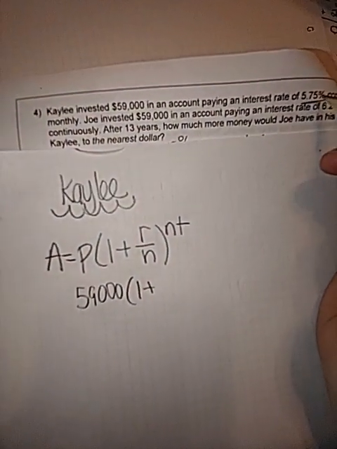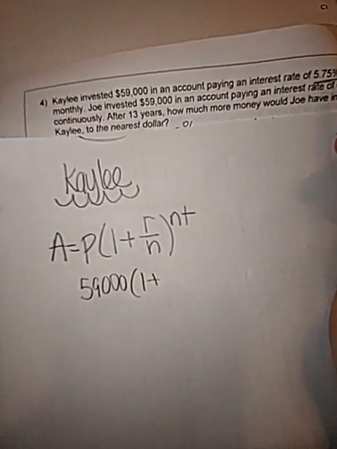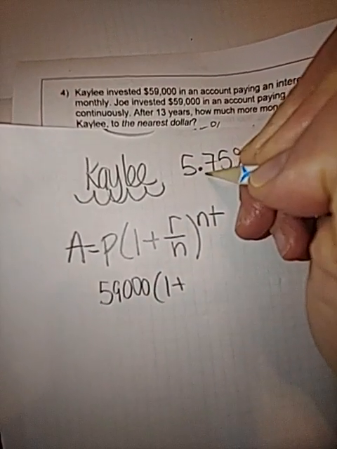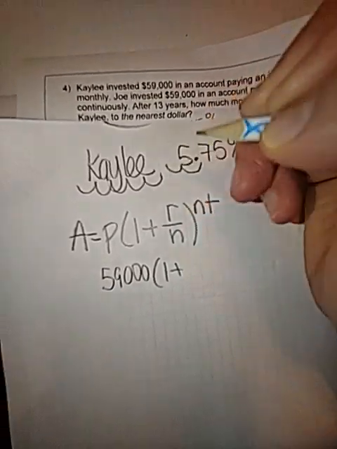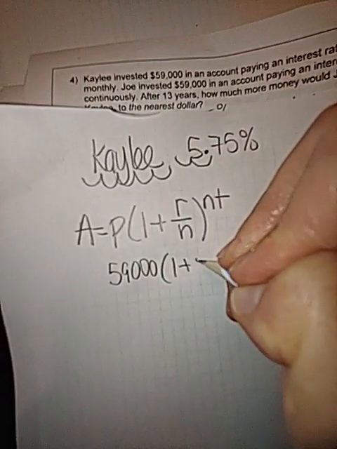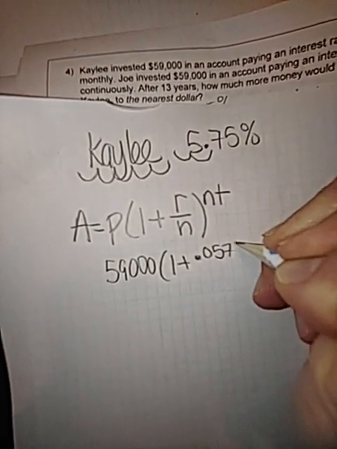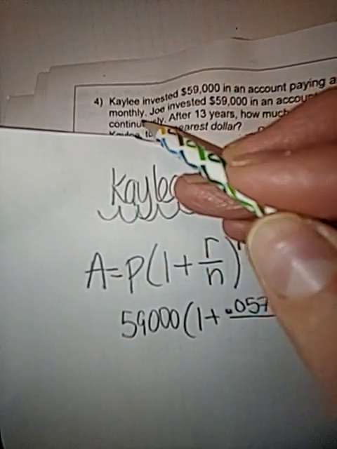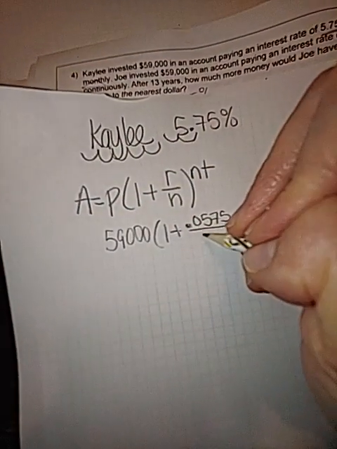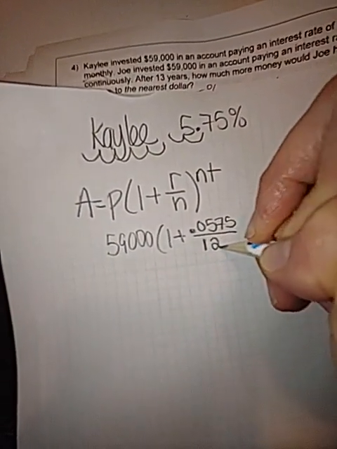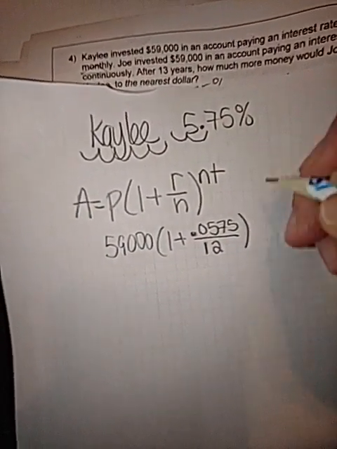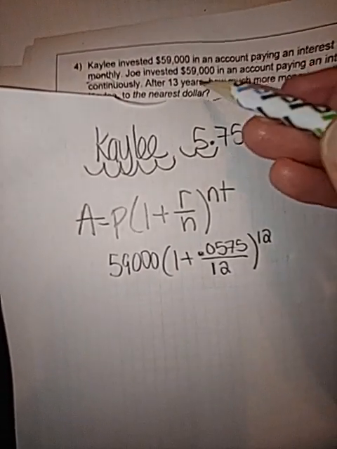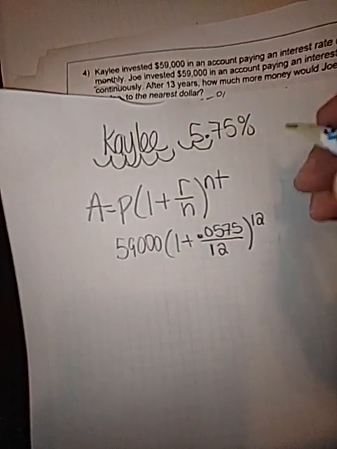Her interest rate is 5.75%. So I have to change that into a decimal first by moving the decimal twice. So 0.0575 over 12. She's receiving her interest monthly, so that means she's getting it 12 times a year. She's going to leave her money in her account for 13 years.